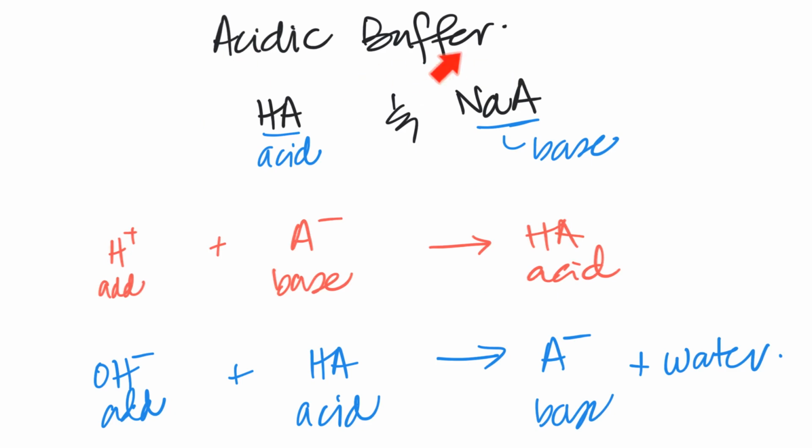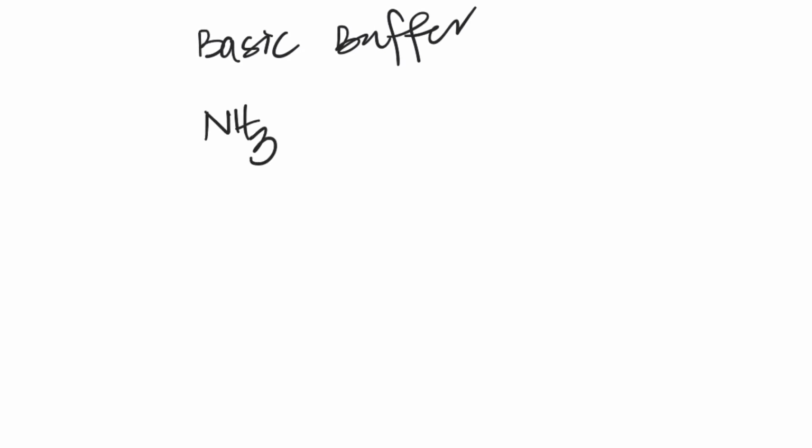You also have basic buffers, and in that case you'll still need an acid and a base, but the roles are switched. For example, let's take ammonia. A basic buffer would have, instead of a weak acid, a weak base like ammonia, and a salt of the weak base, in this case NH4Cl. Why?